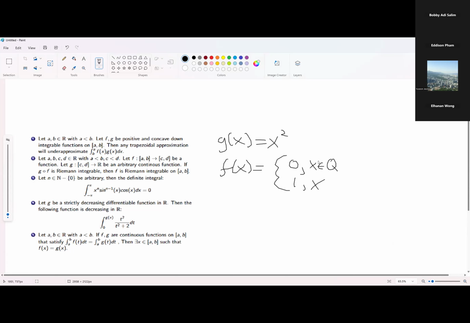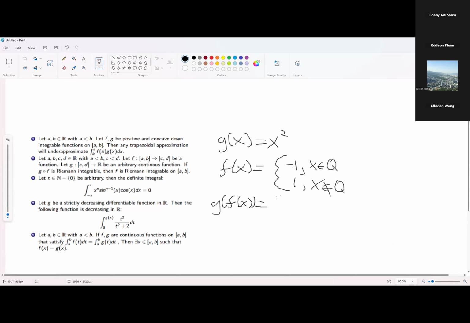No, it should be on not Q. Sorry, it is on Q. And this is not on Q because Q is countable. And anyways, so if you compose g of f at x, then, oh, sorry, it's not supposed to be a 0, it's supposed to be a -1. Wait, is it supposed to be a -1? Yeah, it is.